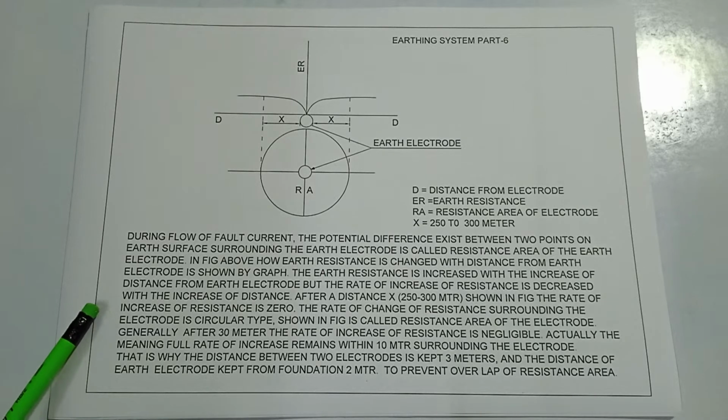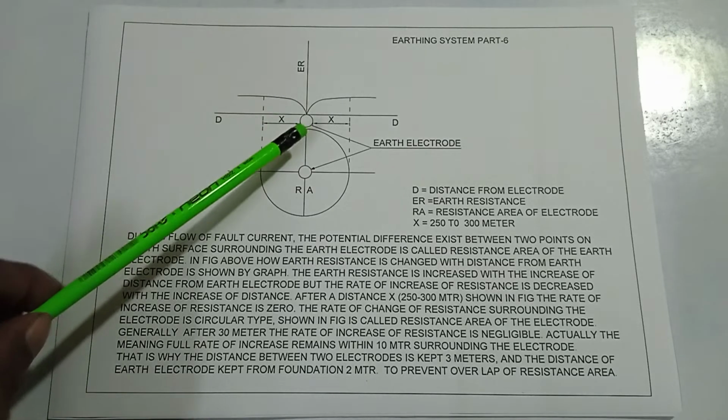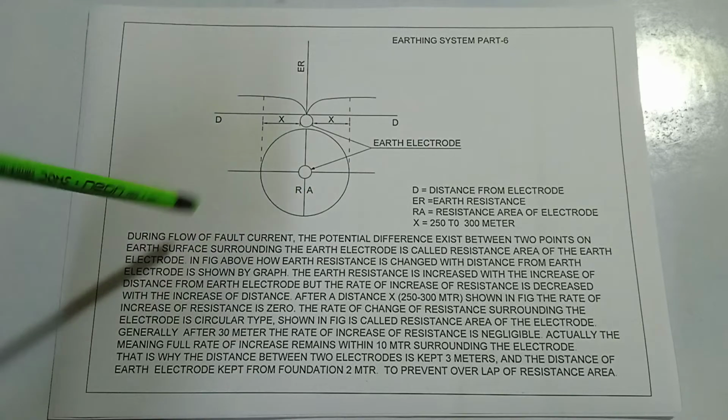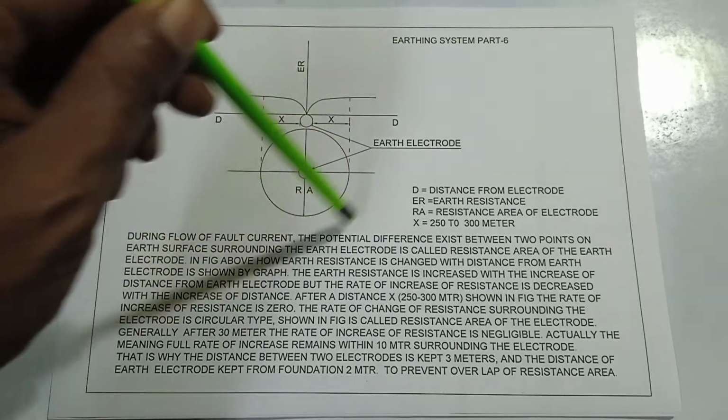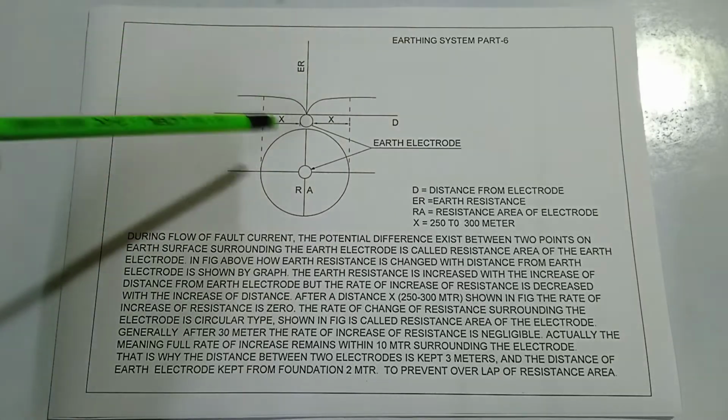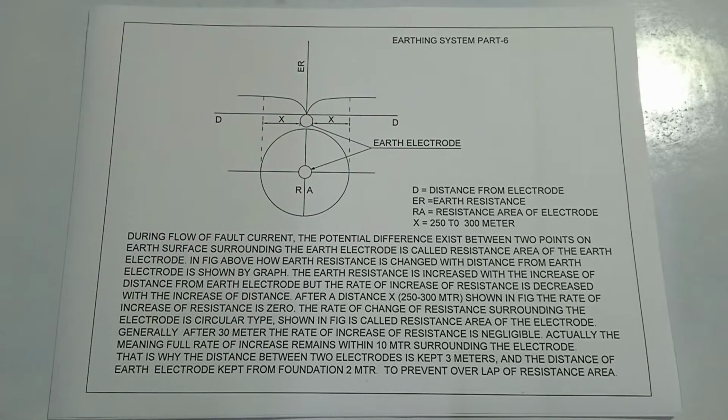The rate of change of resistance surrounding the electrode is circular type. Here it is the electrode and this is the circular type shown in the figure, called the resistance area of the electrode.